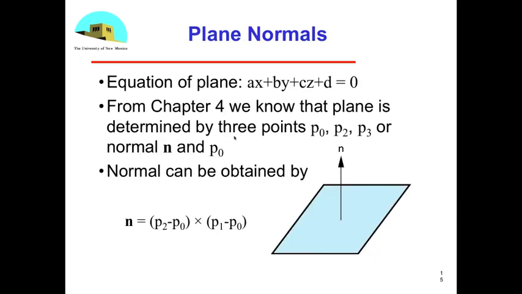So what we can argue is this: if we have a plane, it's described by this implicit equation, but we also know that it is specified by 3 points. If I give you 3 points that are not all on the same line, they determine a triangle, but they also determine the plane that triangle lies in. And if I know the equation of that plane, I can get the normal. In fact, A, B, and C are that normal, because AX plus BY plus CZ is a dot product of ABC with XYZ.